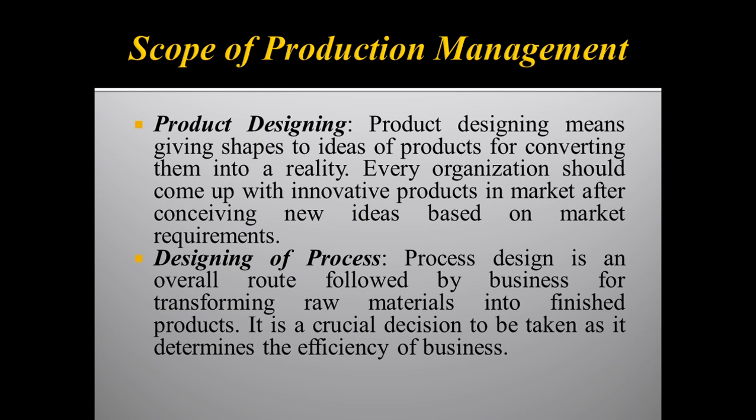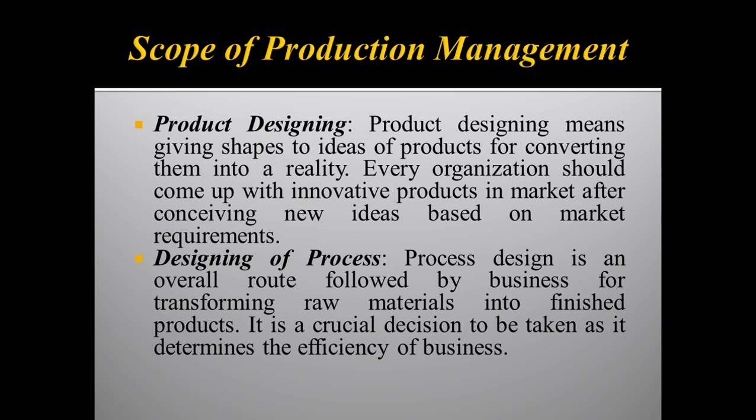Next is designing of process. In the last point, we have learned about designing of the product, but how that product is going to be designed would come under this scope, that is the process design. It is the overall route followed by a business for transforming raw materials into finished products.